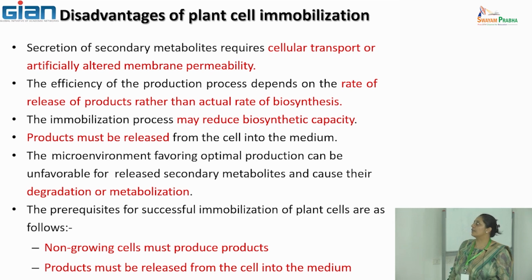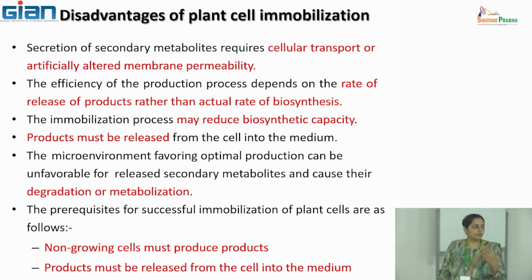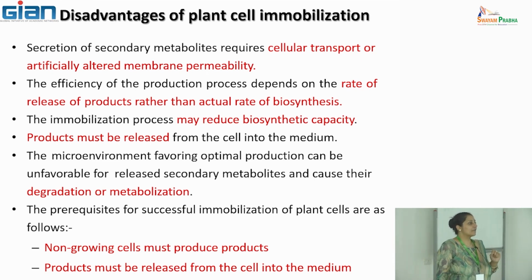Okay, the efficiency of this to be a successful strategy lies in the fact that the rate of release of product is your rate limiting step rather than the rate of synthesis.